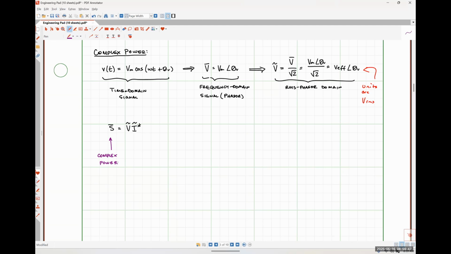So we use the made-up unit of volt amperes to distinguish between average power, which is measured in watts, and complex power, which is measured in volt amperes. Dimensionally, it is the exact same thing as a watt, but we call it a volt ampere so that we know we're talking about complex power. So the units of complex power are the volt ampere.